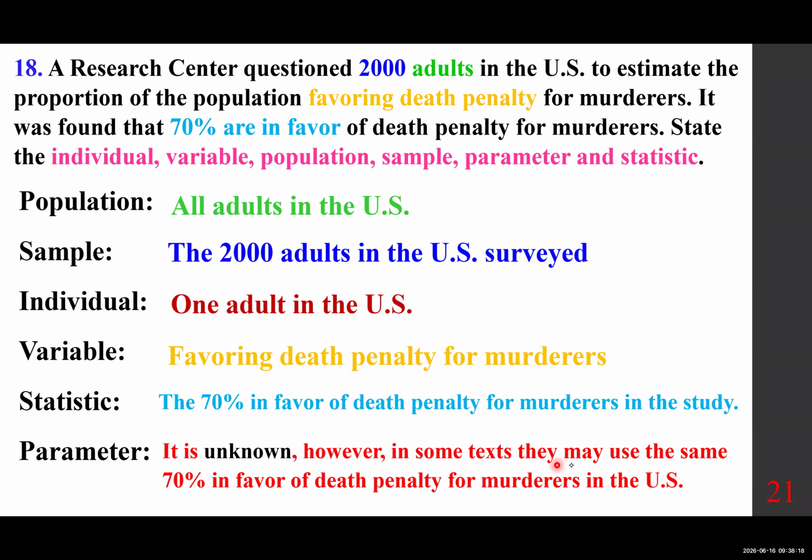However, in some texts, they may use the same 70% in favor of death penalty for murderers in the US as an approximation. Please understand, the parameter is missing. Okay? And normally it is missing in almost every study because we don't have access to the population. In most studies, that's why we pick a sample.